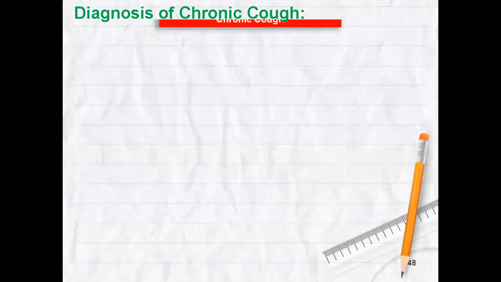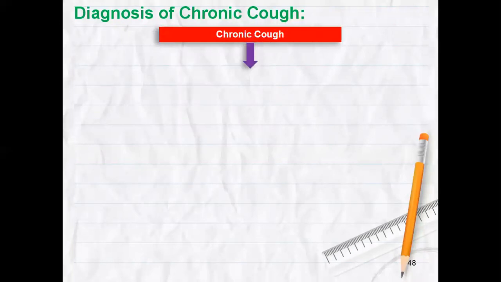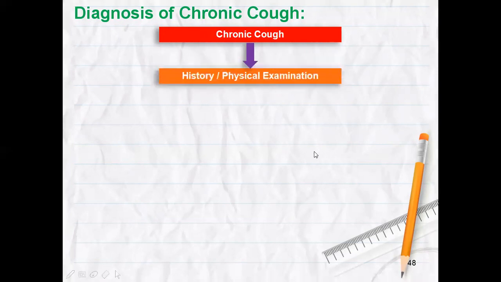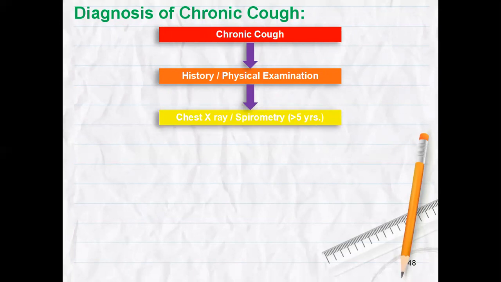So, for diagnosing chronic cough, as with the diagnosis of anything, the first thing that we have to do is take a detailed history and perform physical examination. After that, in chronic cough, we have to perform chest X-ray and spirometry.